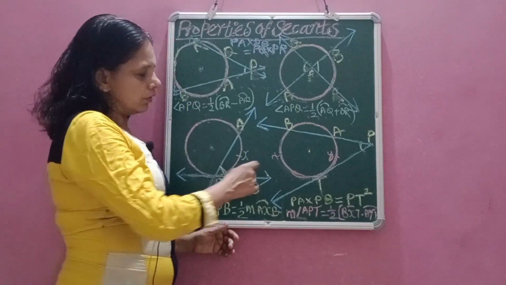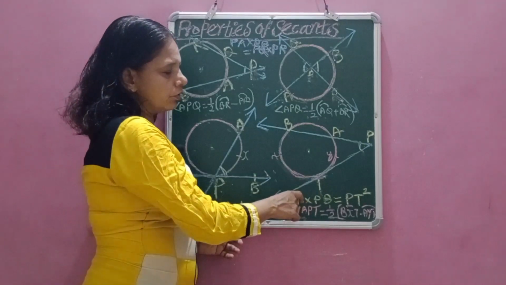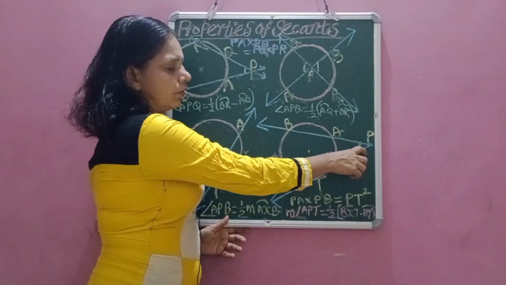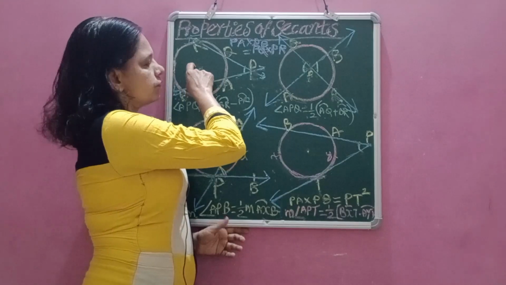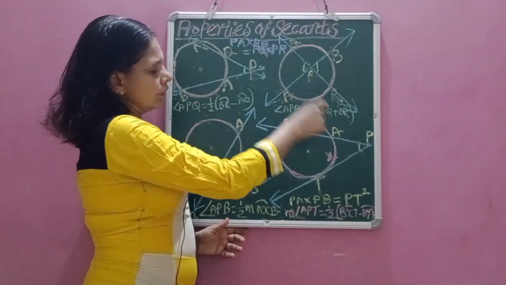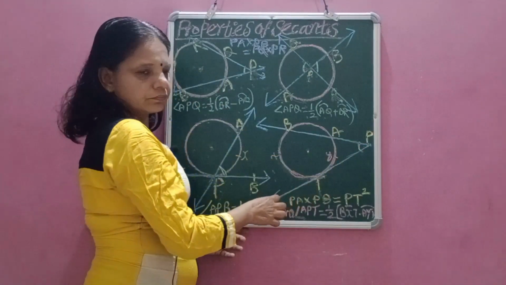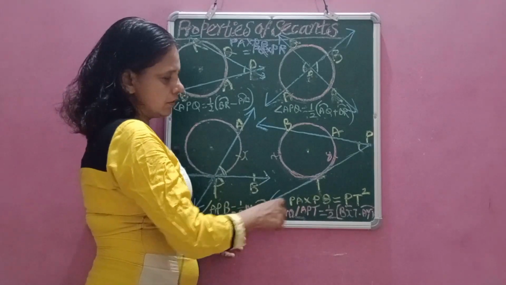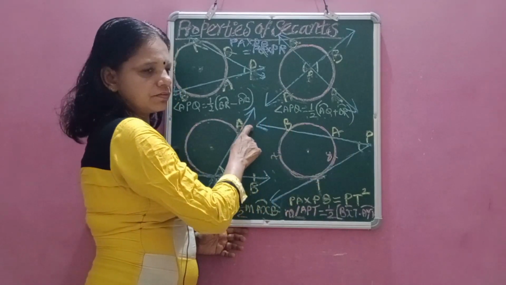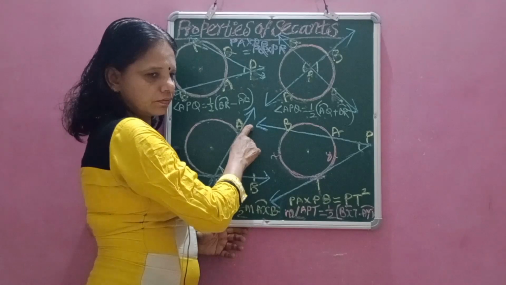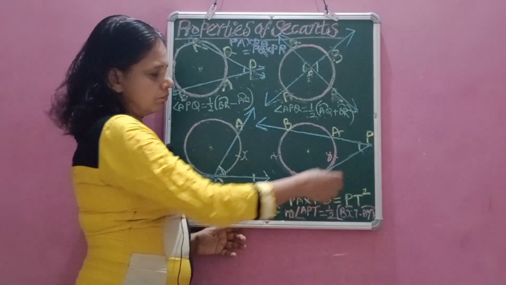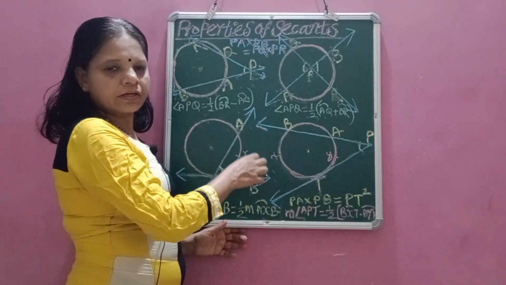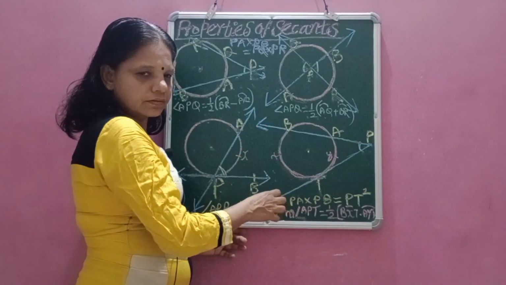Clear? Now here also the intersecting point is in the exterior. But what is the difference from the first figure? Here one line is tangent and the other line is secant. Point P, that is the point of intersection, is in the exterior, but one line is secant and the other line is tangent.